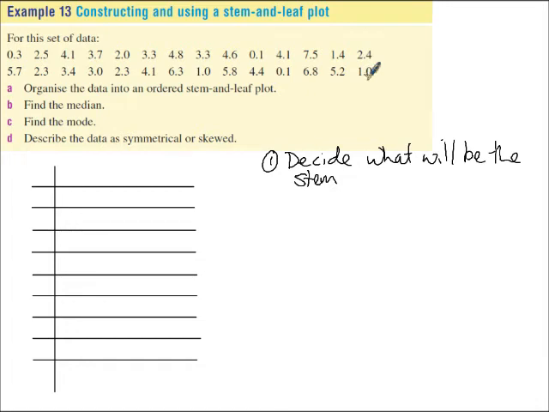So in this case, my stem is going to be 0 point something, going up to, what's the highest number? 6.3, so 6 point something. So I've decided that my stem will be the units column.